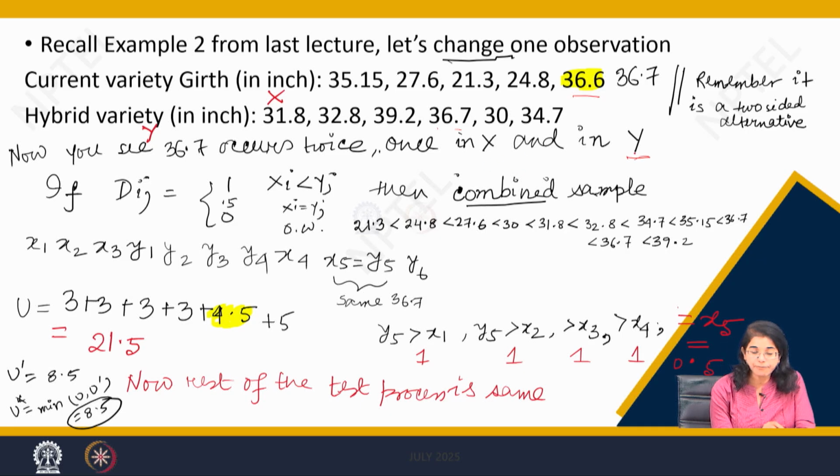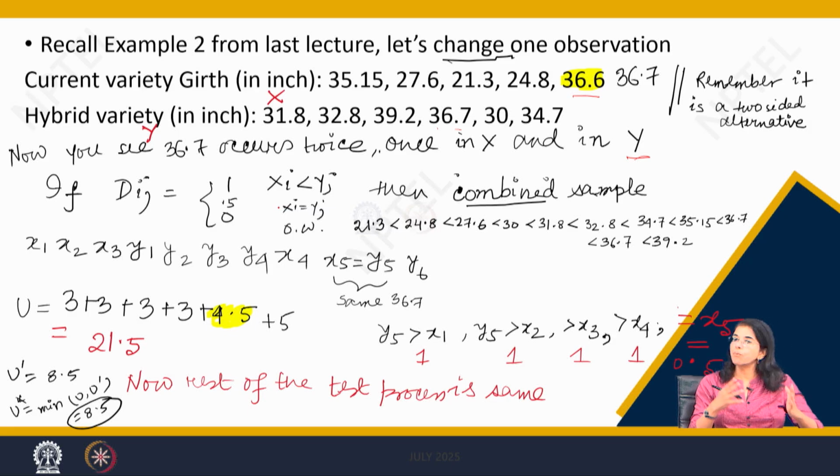Now you have to redefine Dij as the tie has occurred. You can redefine Dij as 1 if Yj is less than Xi. There is nothing wrong in it. Clear? It depends on you.